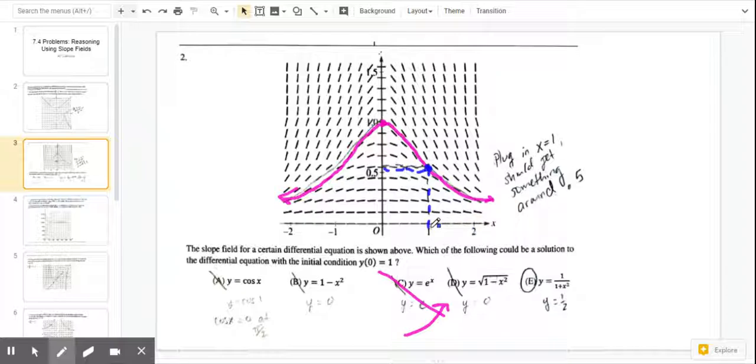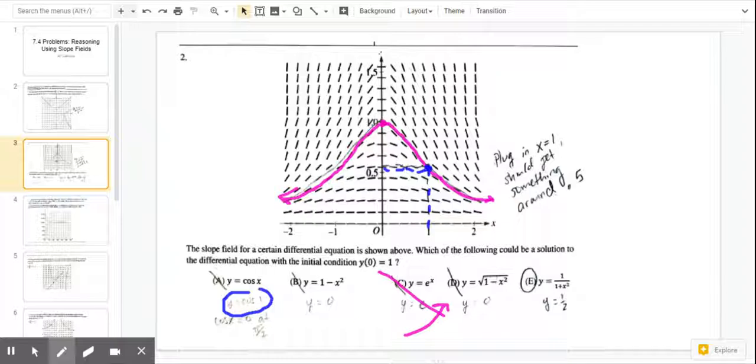So that should be correct, that if we plug in x, we should get something around 0.5. So I'm going to think about what happens when I plug 1 in. So that's what I had written down right here. So y equals cosine of 1. Even if I didn't know what that was, I do know that it's somewhere around 0.5, but just say I didn't, I'm going to leave it in the running because I don't have a calculator. I think it's something like 0.54, so it is pretty close.